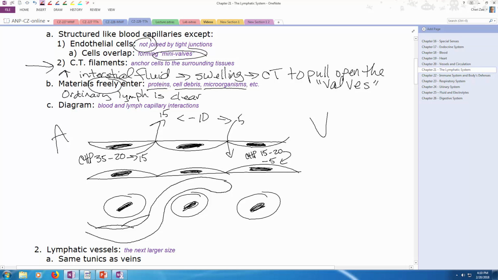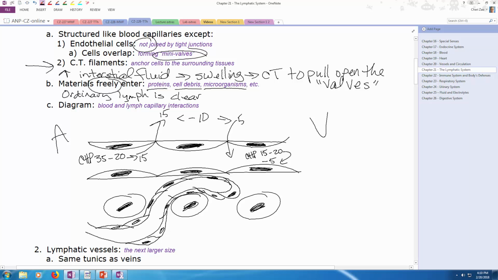I'm going to overlap. Let's put our little nucleus of our endothelial cell so we remember. And same thing on the other side, so let's do some overlapping. Our picture's not the best, but I hope that the message is getting across.